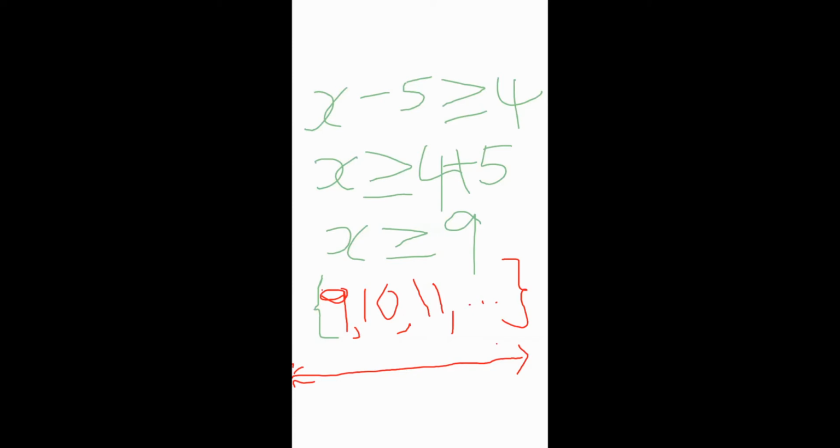So let's say I start at negative 1, 0, 1, 2, 3, 4. I'm going to do something now where I'm going to break this like that. And then I put 9, 10.